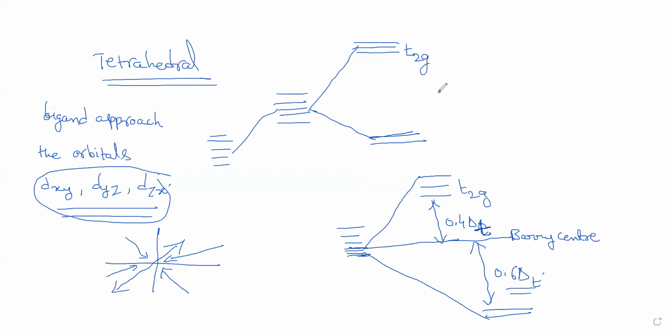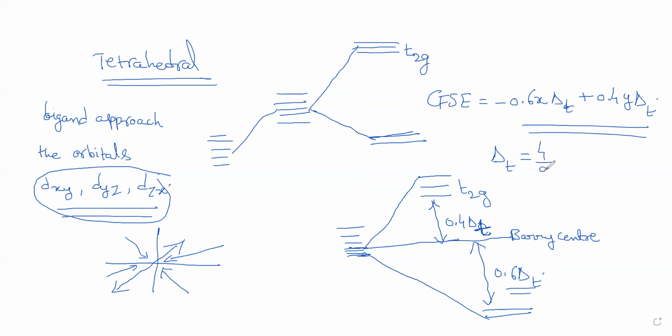So here the CFSE will be calculated as minus 0.6 x delta T plus 0.4 y delta T, where delta T stands for tetrahedral stabilization energy. And the tetrahedral delta T is 4 by 9th of delta naught, octahedral in general. This is an empirical rule, but still it follows. Delta T is 4/9th of delta naught.